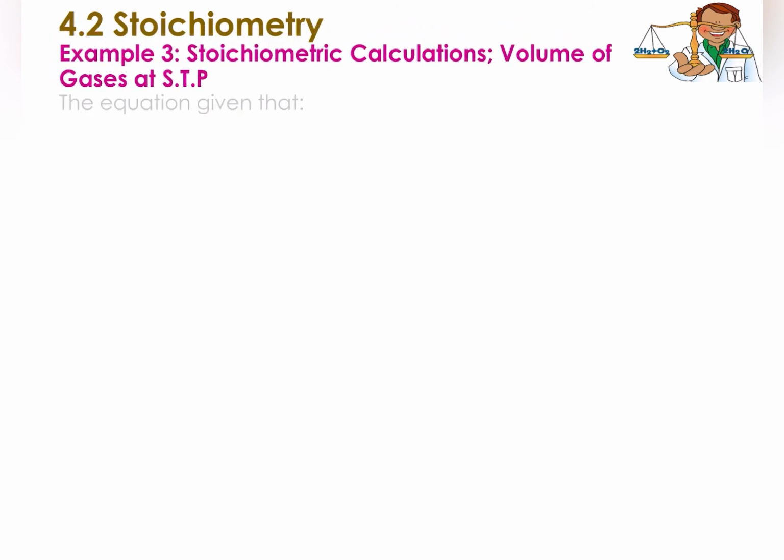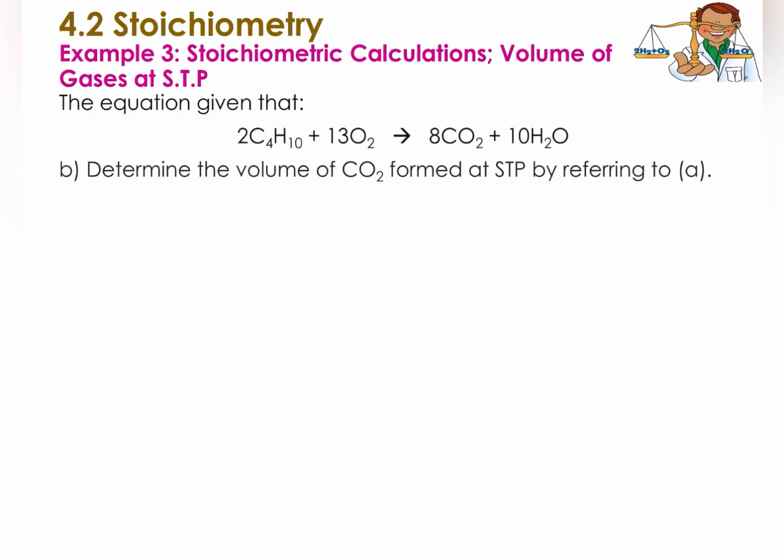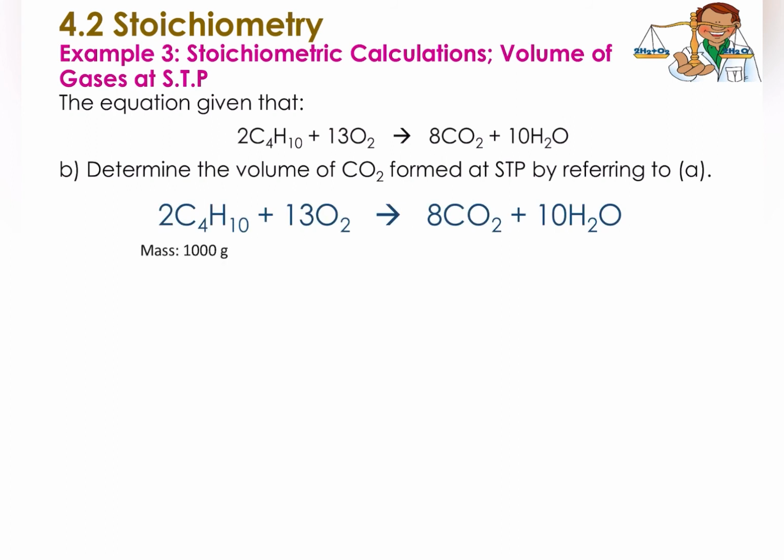So next one, settle untuk kita punya question A. And from the same equation, I want to do question B, where I need to find out the volume of CO2 formed at STP. So it's by referring to A. From A, what I have here adalah mass untuk butane dan mole yang kita sudah cari.